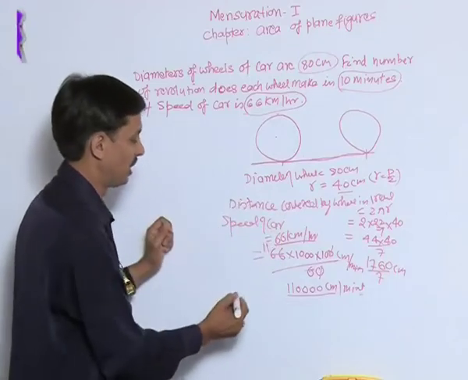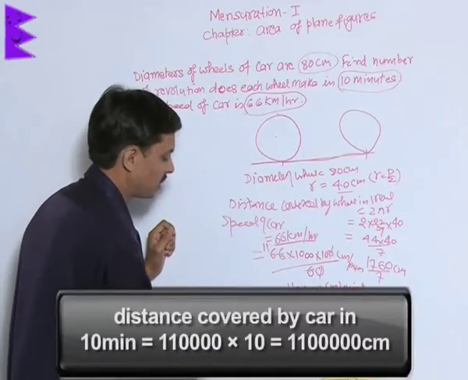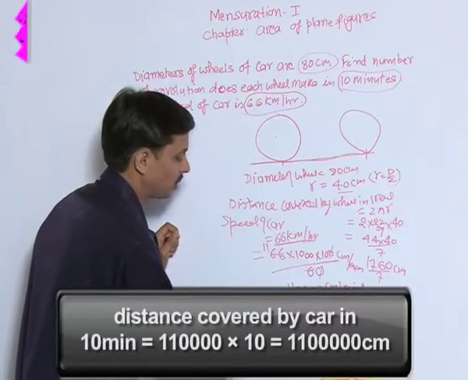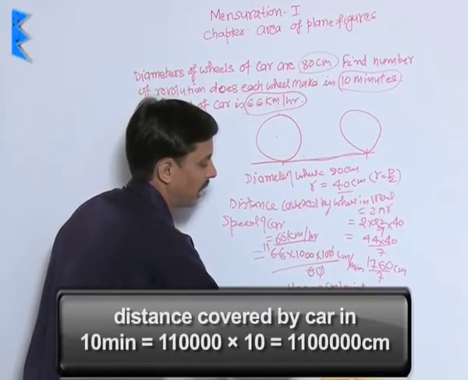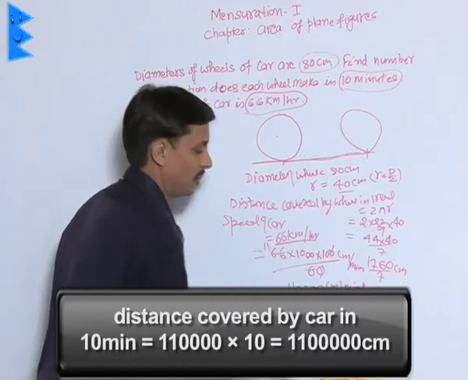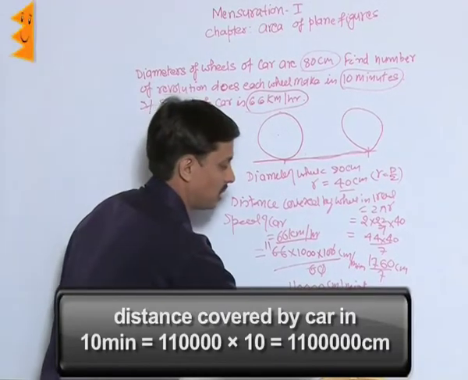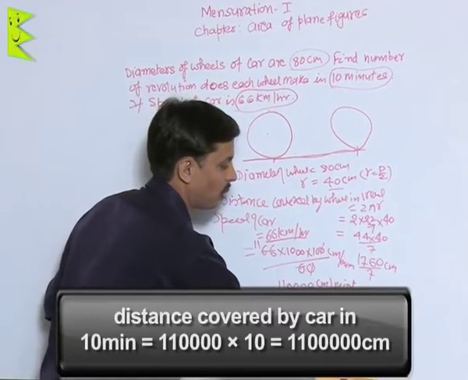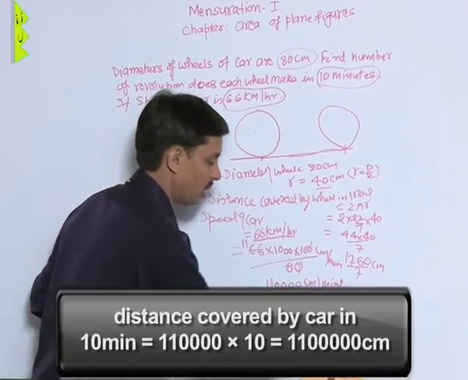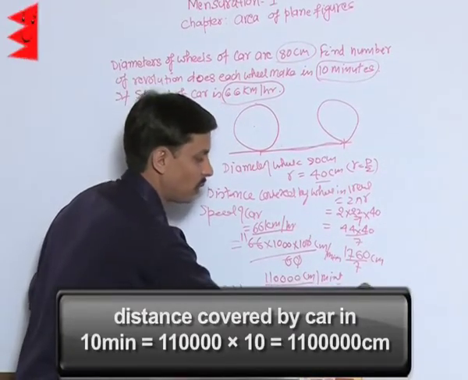So I am writing that distance covered by car in 10 minutes. In 1 minute distance is 11 followed by 4 zeros centimeters. This was of 1 minute.